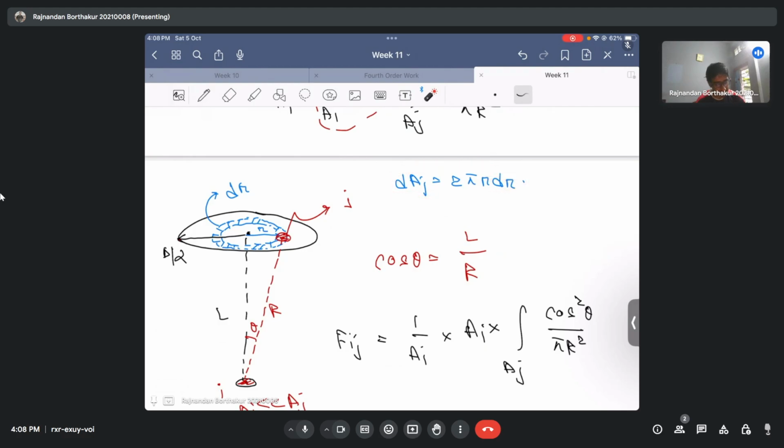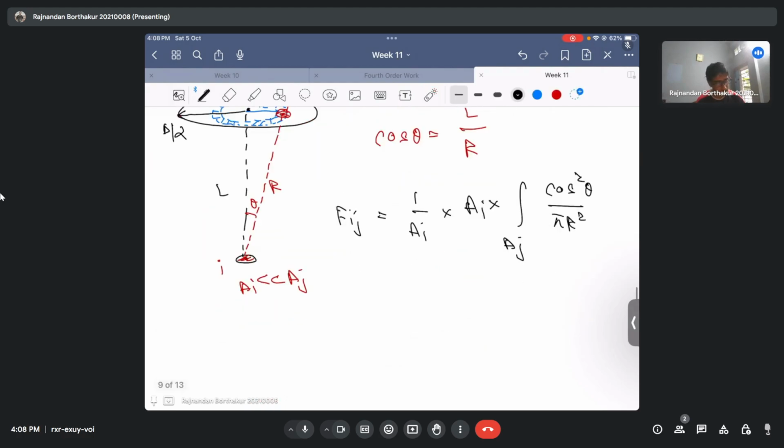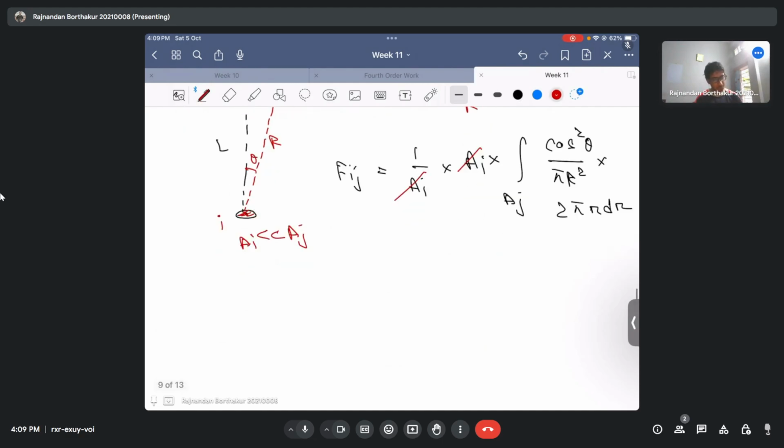That is basically the area of this strip which we have taken into consideration. So this becomes times 2 pi r dr. Okay, so this Ai and Ai would cancel each other.